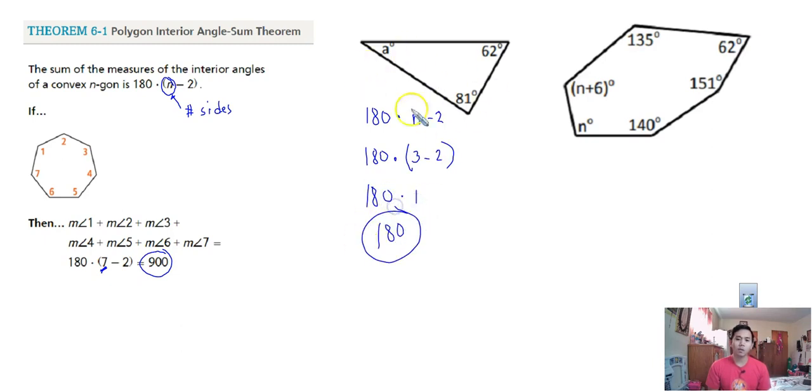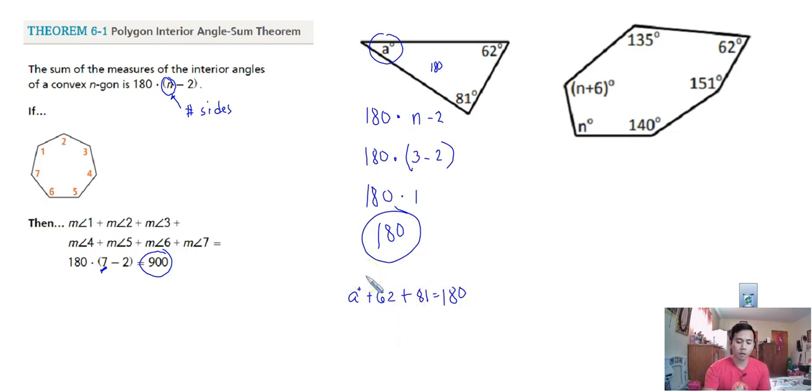So the sum of the angles here is 180. What will be the measure of a?